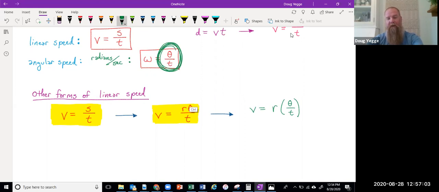So if I want to find the linear speed and I'm already given the angular speed, then I could simply find R times omega. So each of these formulas here are going to be interchangeable, and it all depends on what we're given in terms of how we're going to solve for the particular application. So let's take a look at an example.